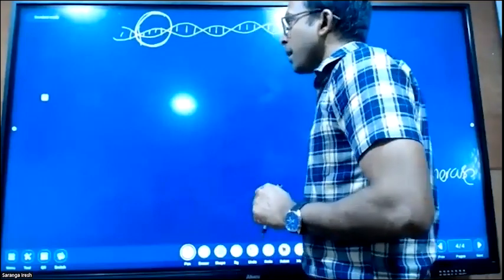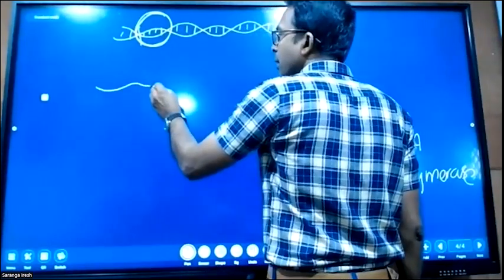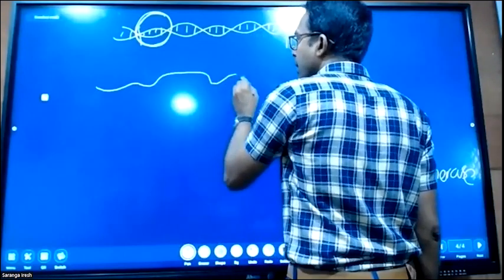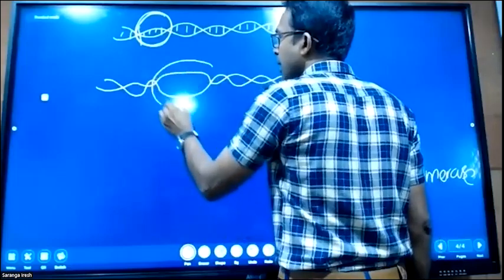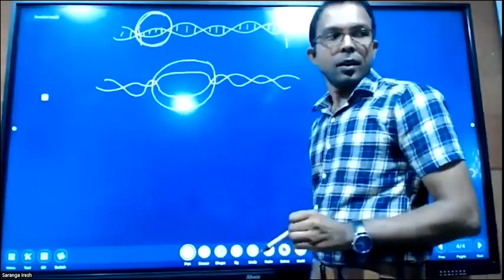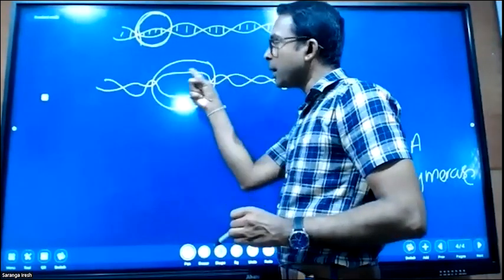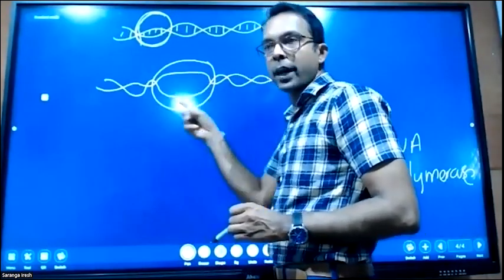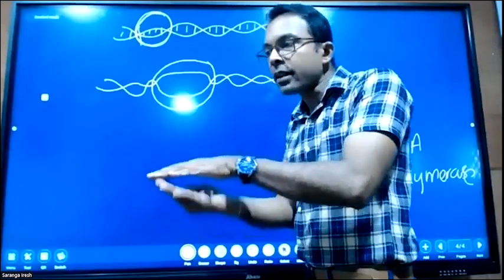Okay. Now, when the RNA polymerase binds to this region, what happens here? In the particular region where the RNA polymerase binds to the DNA, the DNA strand is separated.